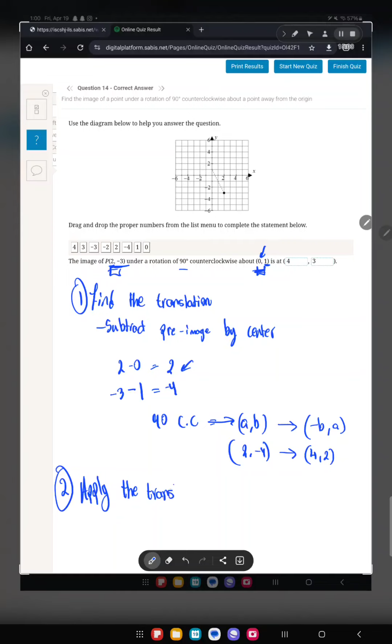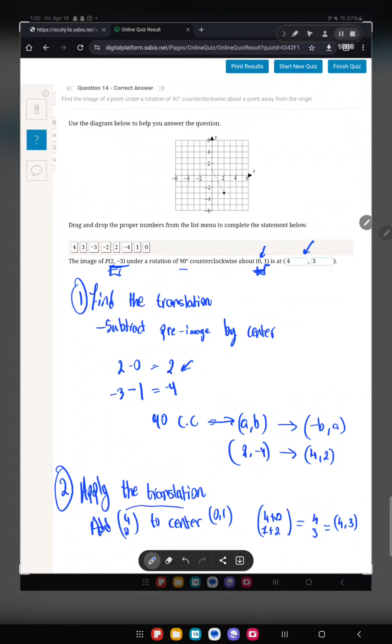So now we have to add 4, 2 to the center. So the center is 0, 1, yeah? So let's add it. 4 plus 0, 1 plus 2. You get 4, comma 3. Simple. The x's add with the x's, y's add with the y's.